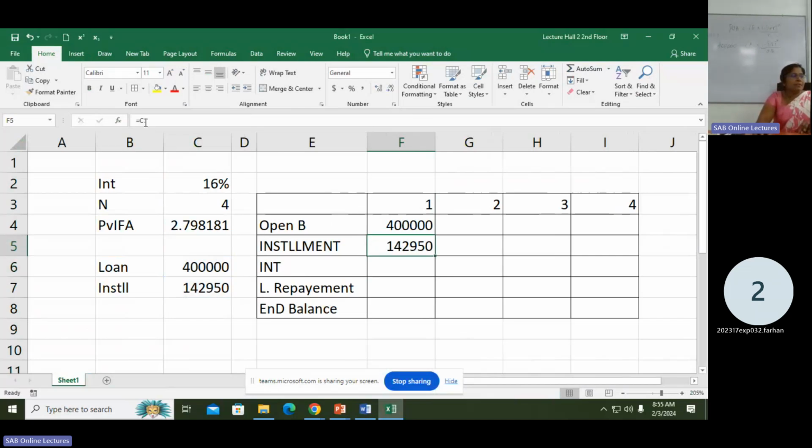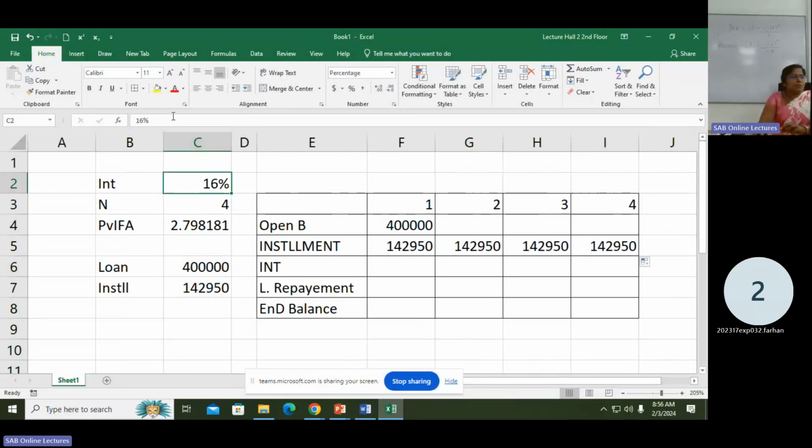This is an annuity. You pay this installment for 4 years to the bank, then your loan will be over. This is fixed, not changing. So at the end of year 1, year 2, year 3, year 4, you are paying 142,950. That is the annuity.